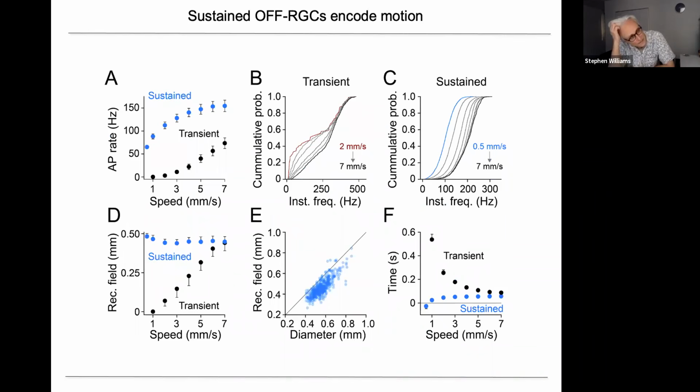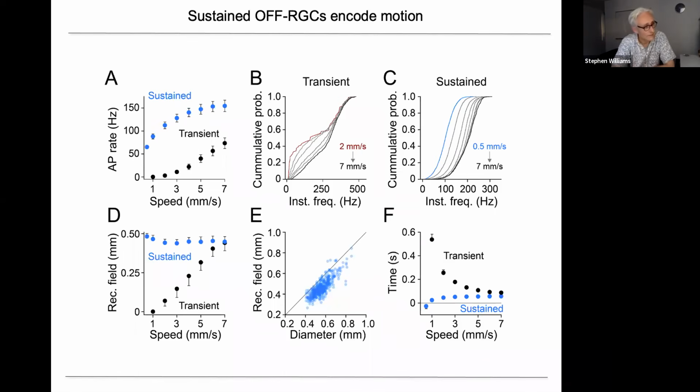So that leads us to the idea that sustained off retinal ganglion cells encode motion, whereas transient off ganglion cells encode something else. And in support of this idea, the action potential firing rate of sustained off ganglion cells is related to the speed of motion, and their instantaneous frequency distribution of action potential firing basically shifts in a parallel manner as the speed of the stimulus increases.